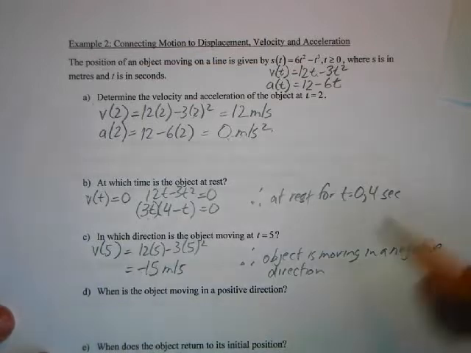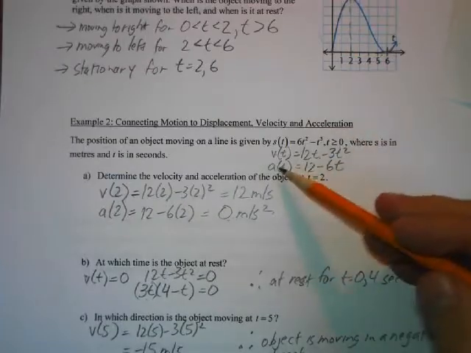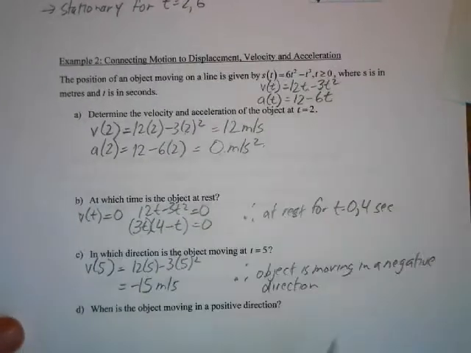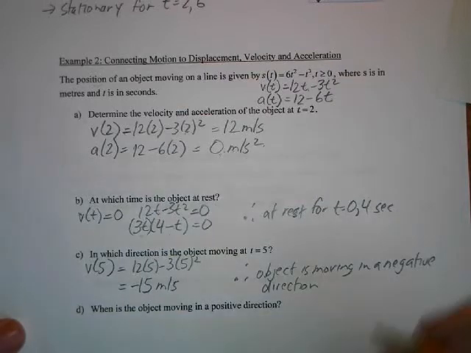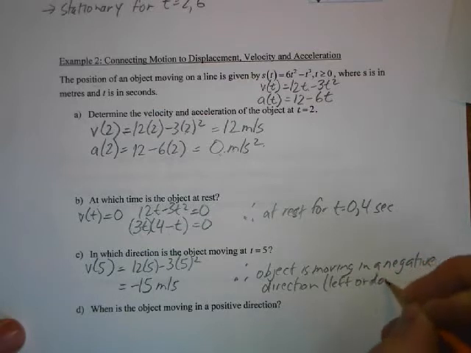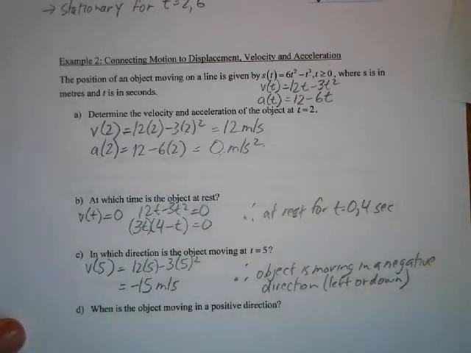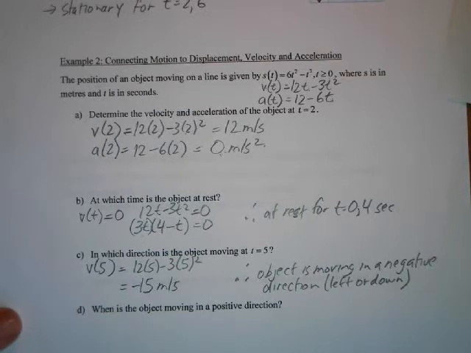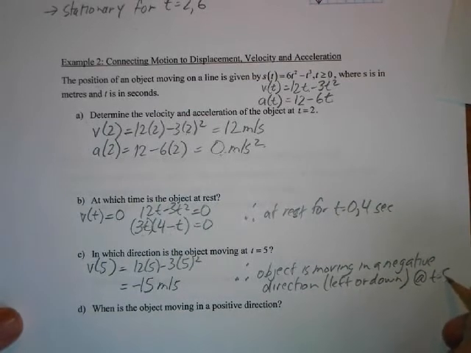And because it says it's on a straight line, we can almost imply that it's moving to the left, but we have to leave that open because maybe that straight line is up and down, who knows. So we could say left or down. They weren't specific in the question about the direction of that line at t equals 5 seconds.